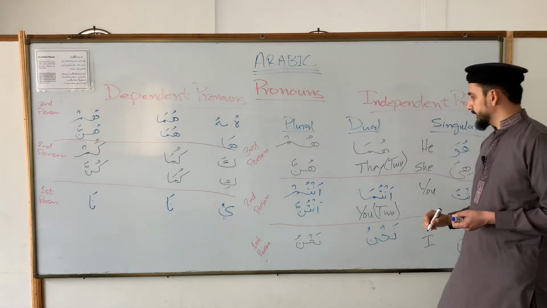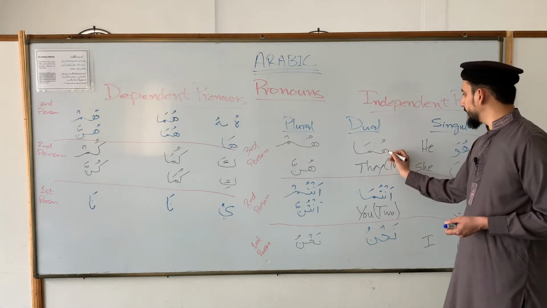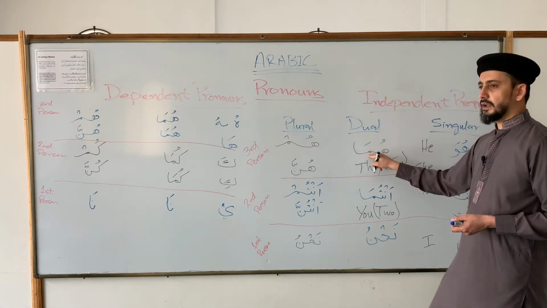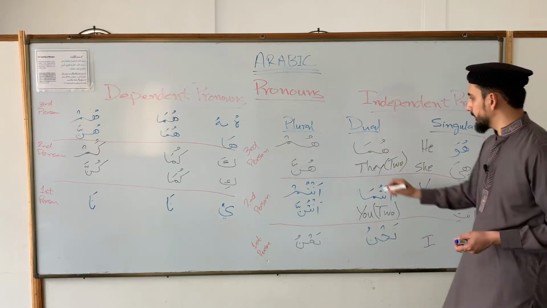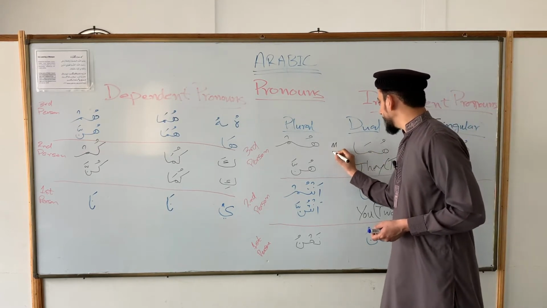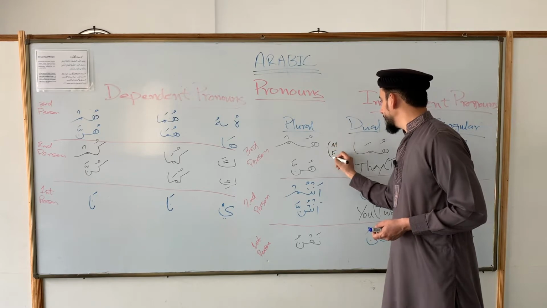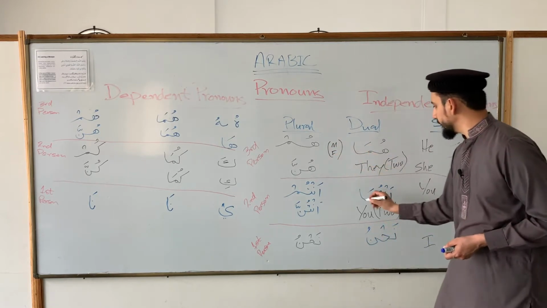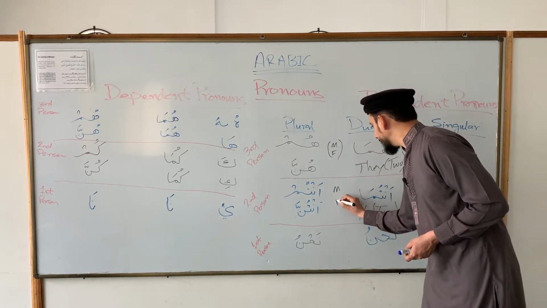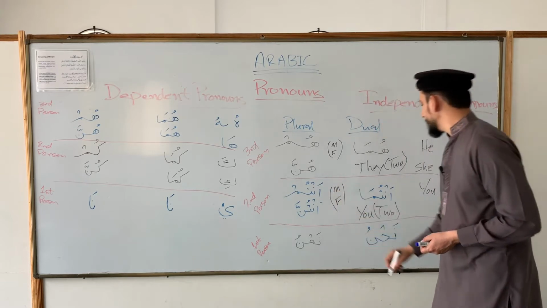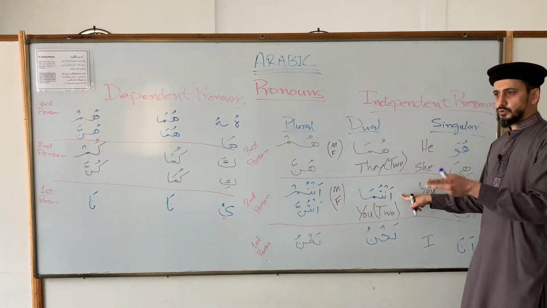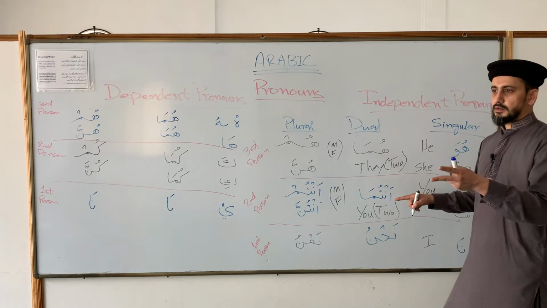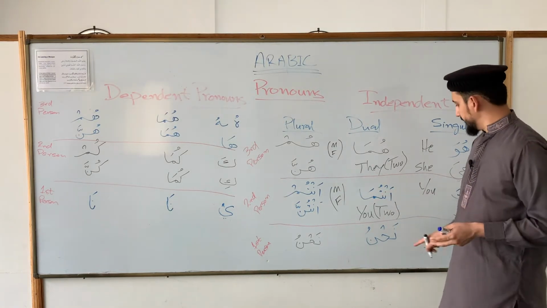Huma is used for both male and female, so I will write M and F. Antuma means you two; it could be two males or two females.